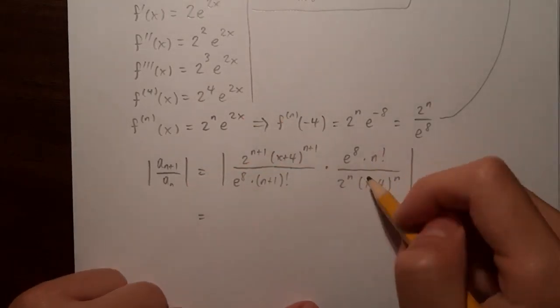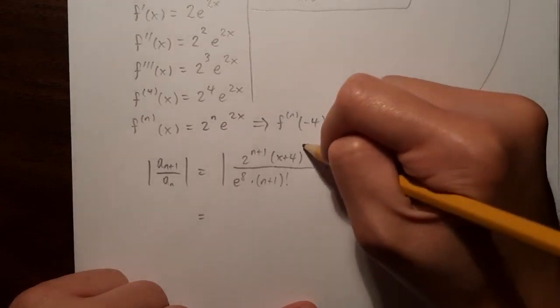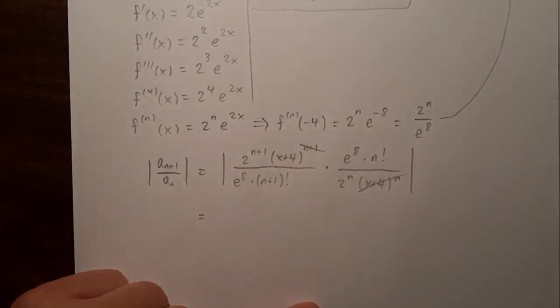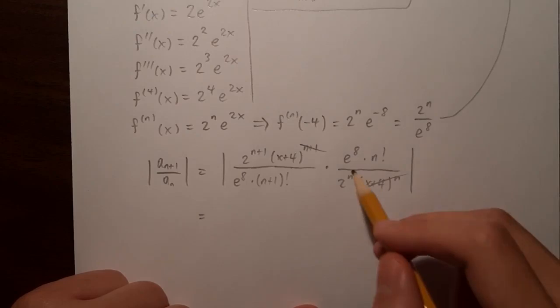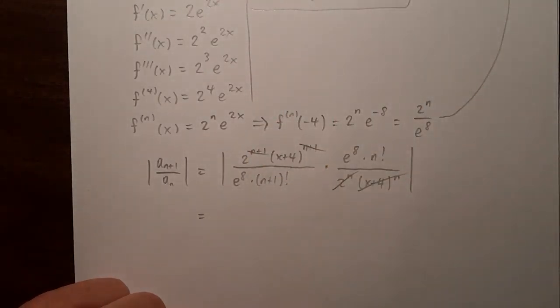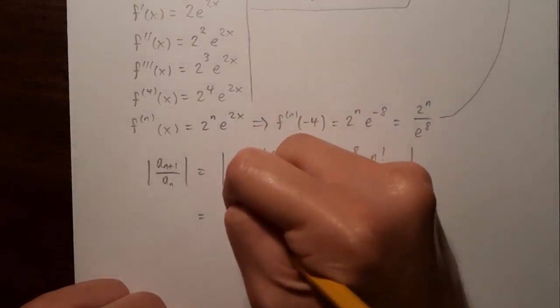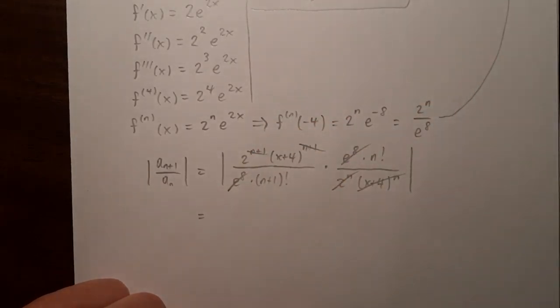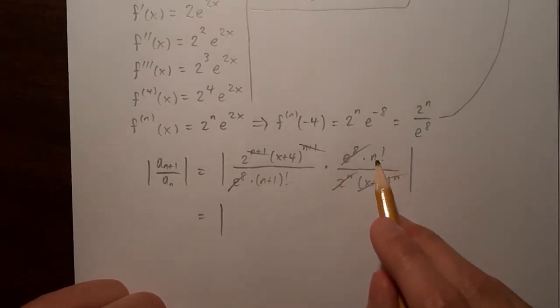All right, so simplifying this out, (x plus 4) to the n cancels with all but 1 of (x plus 4) to the n plus 1 up above. Same story with 2 to the n, it cancels with all but 1 copy of 2 up above. And e to the 8 cancels with e to the 8. Actually, there's a little bit more I can do.